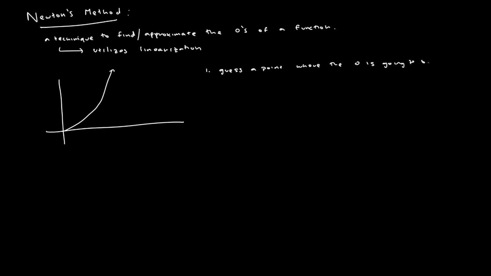To reiterate, we're trying to find what values of x correspond to the zeros of this function. So we're going to start off with an initial guess. Say our initial guess is over here, and I'll call this x1. So that's our first guess.